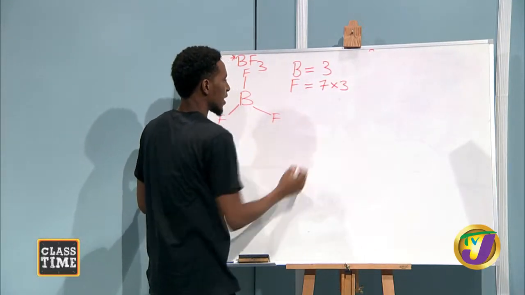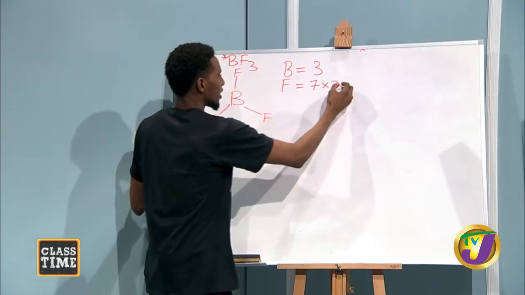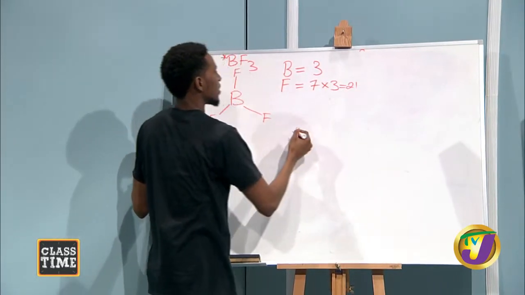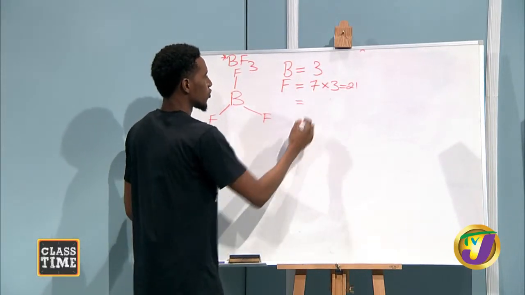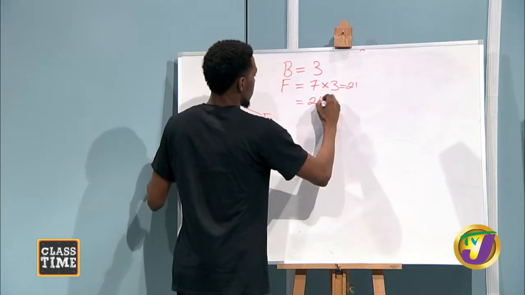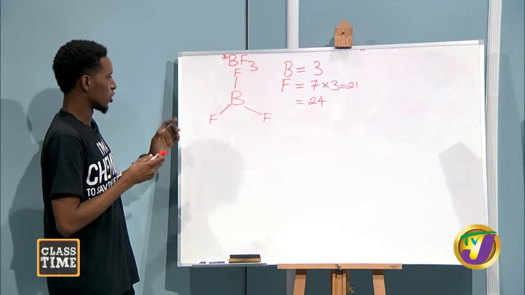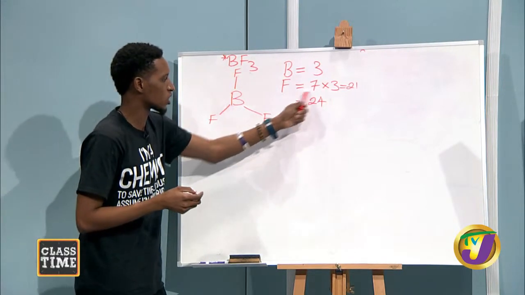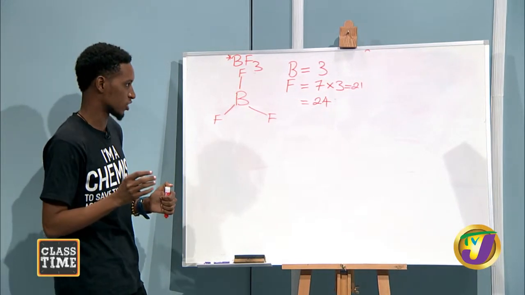So we have to multiply that by 3. So we would get 21 for this one. And if you add 21 to 3, you would get 24. Now, we have a total of 24 valence electrons.